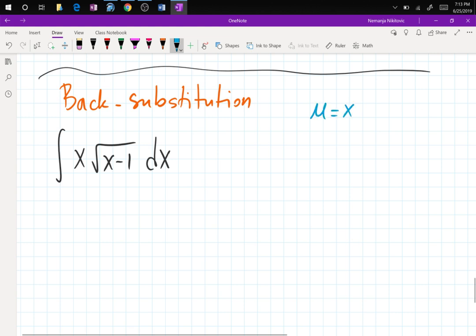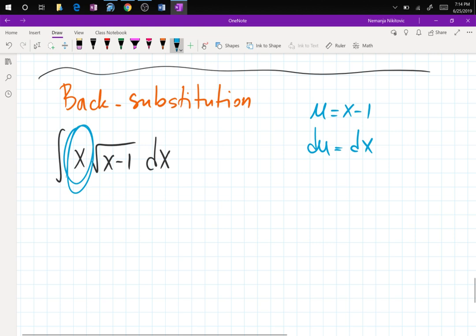u equals x minus 1, because you don't like the fact that you have this mess under the root. So you're just going to do that. And then the du is clearly just 1 dx. If you plug these back in, you don't have enough building blocks, because there is nothing to substitute for this x.